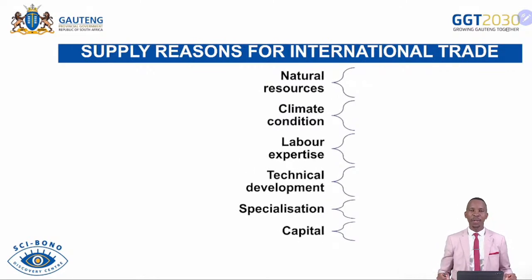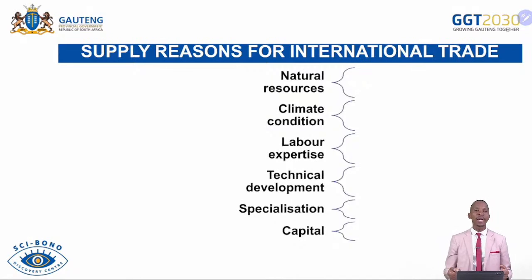We talk about natural resources. We all know that natural resources are not distributed equally across the world. Some countries have more of some natural resources, some have less. Then what should be done if a natural resource is much needed? A country with a surplus will supply those countries with a shortage of that particular natural resource. Climate condition.